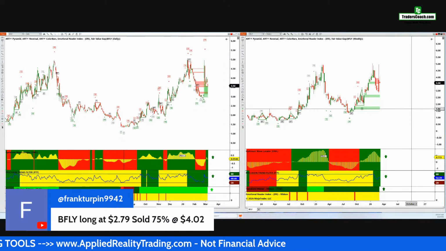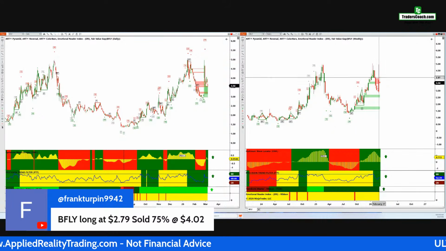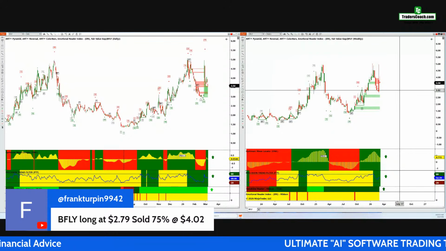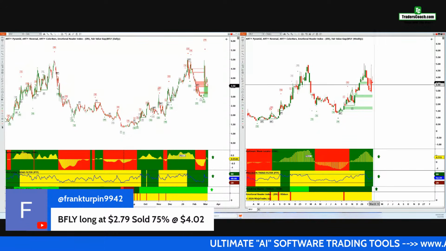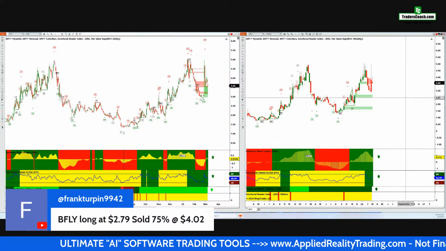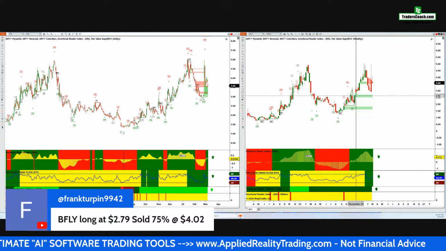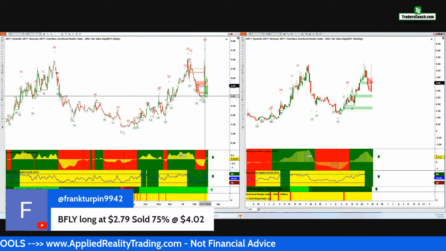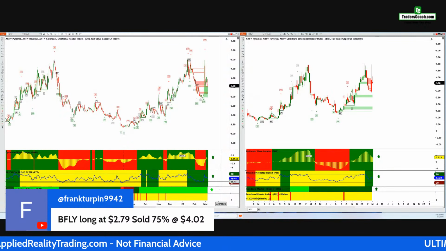All right, a lot of wicks on this baby. Wick up here, wick up here, wick up here. So far we have this bearish fair value gap holding here. We had this one. This one was okay here. We penetrated this one, so we got a bigger one here.